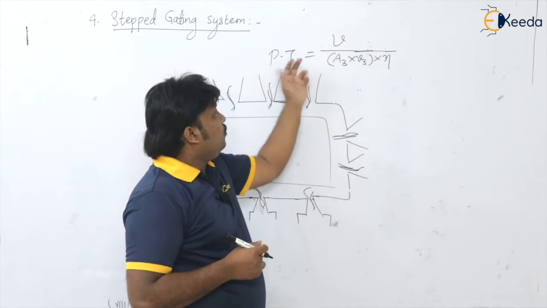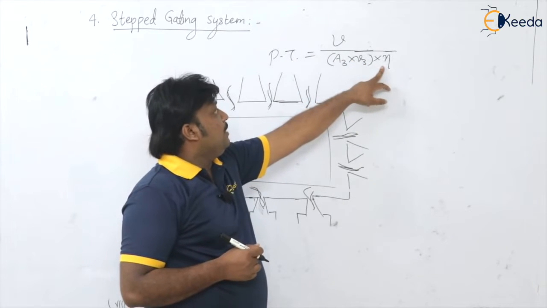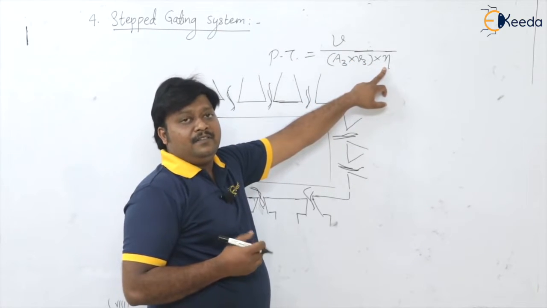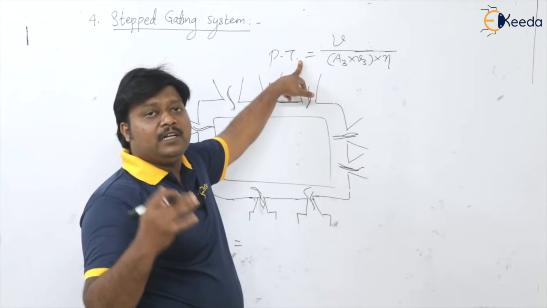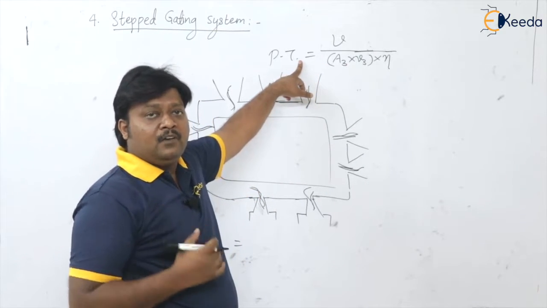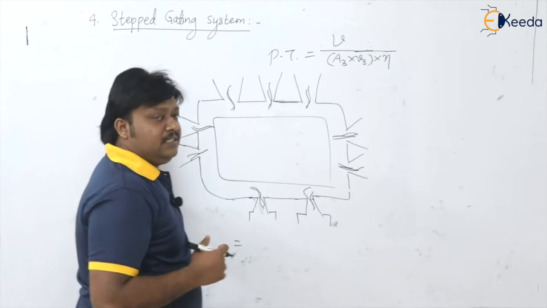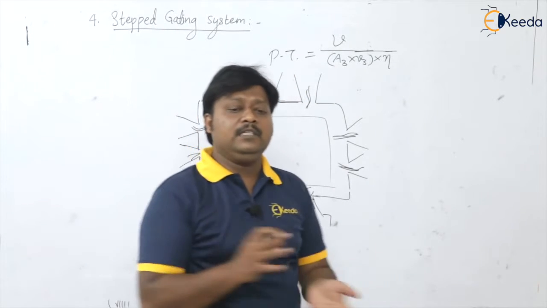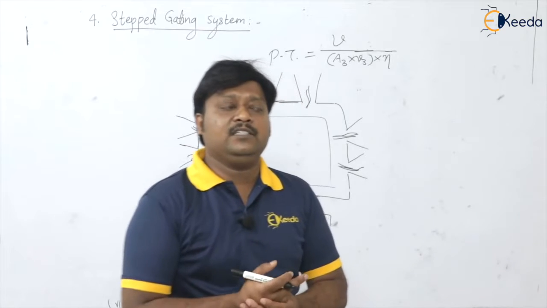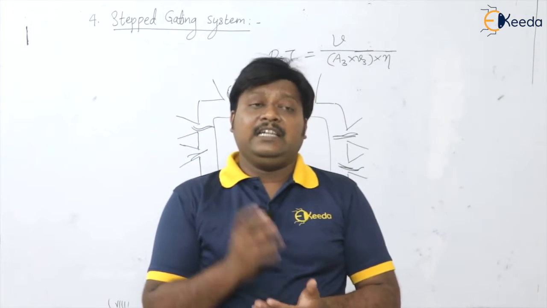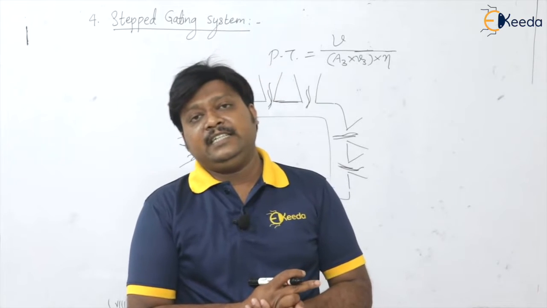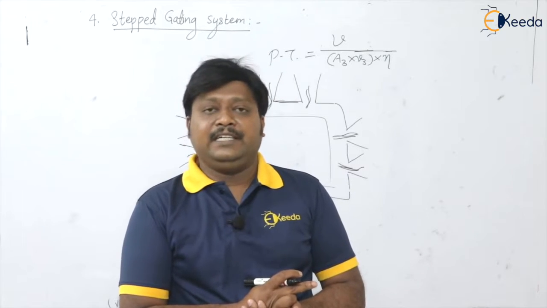Okay, so of course, if you divide this by N, definitely the pouring time goes down, that is, the pouring time is decreasing. Okay, so this is the stepped gating system used for large castings, using multiple gates to enter the molten metal into the mold cavity, and yes, it is decreasing the pouring or filling time.